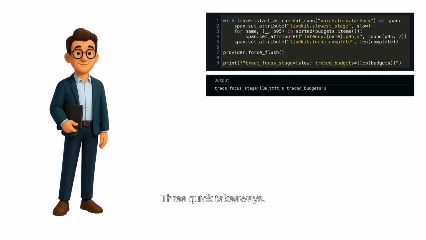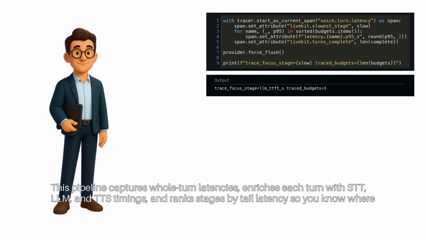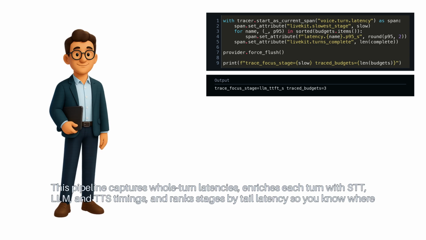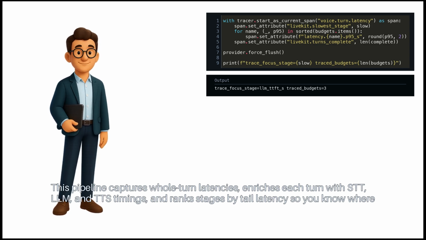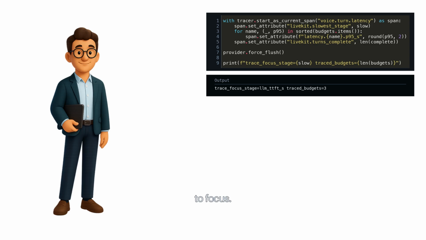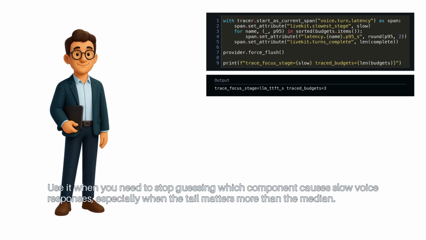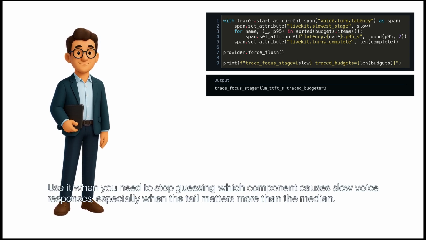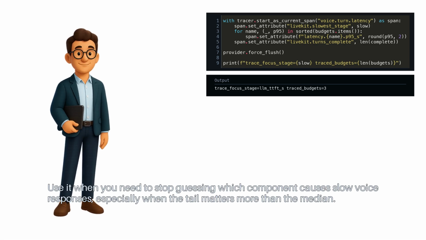3 quick takeaways. This pipeline captures whole turn latencies, enriches each turn with STT, LLM, and TTS timings, and ranks stages by tail latency, so you know where to focus. Use it when you need to stop guessing which component causes slow voice responses, especially when the tail matters more than the median.